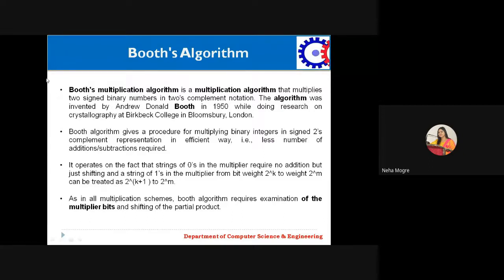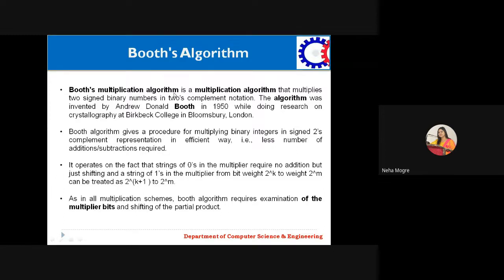Now, this algorithm was invented by, please remember the name of the person who designed this algorithm. The inventor, or the author, who designed this particular algorithm is Andrew Donald Booth. By his name only the algorithm name has been given, that is Booth's multiplication algorithm.